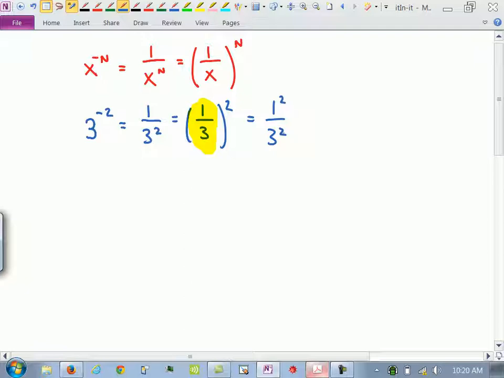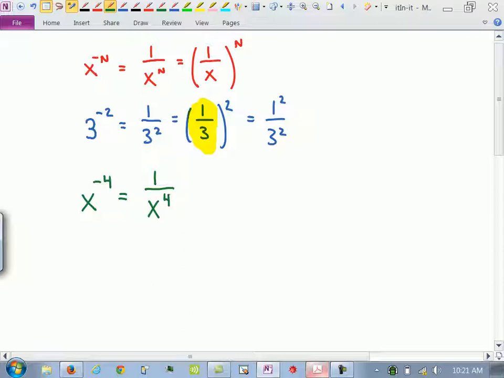Another way of saying this property in red is this. If you have something raised to a negative number, like that x to the negative n, you can rewrite it by dropping it to the denominator and making it a positive power. So if I write, as another example, x to the negative 4, can I just write that as 1 over x to the what?